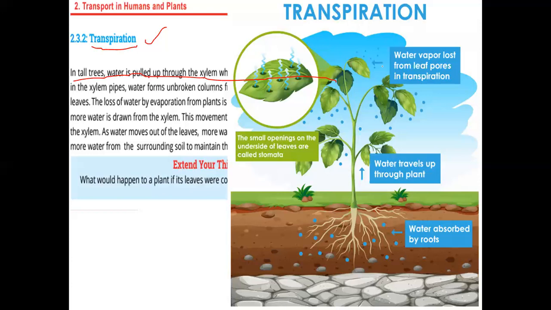When the water evaporates here, the water concentration gets lower here, and the water molecules present on the upper side pull the lower water upward. Like that, these water droplets move through diffusion into the roots.